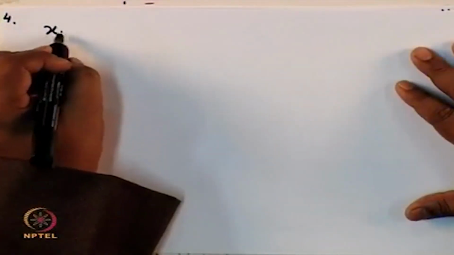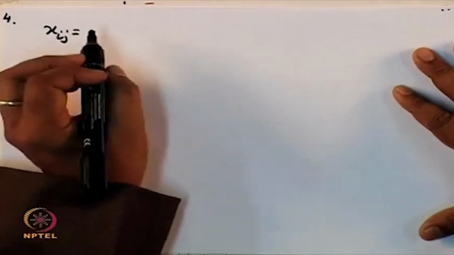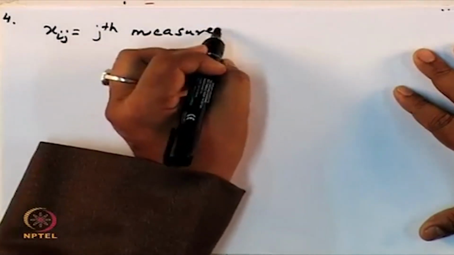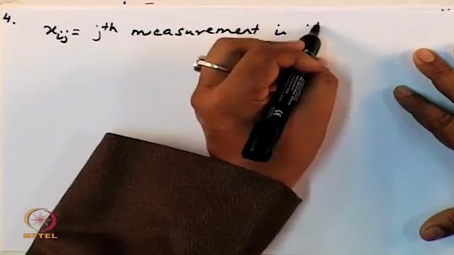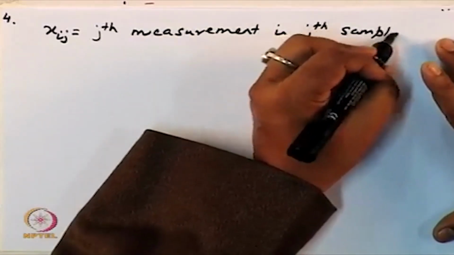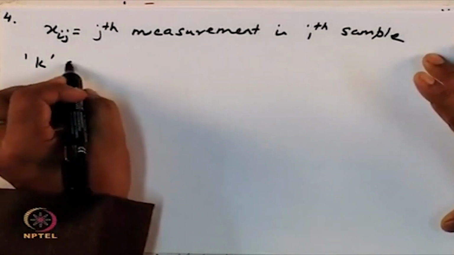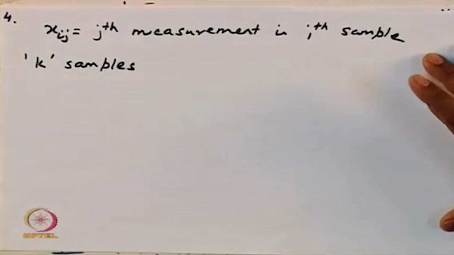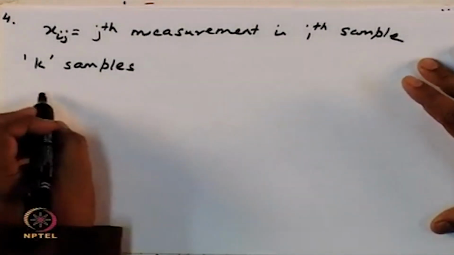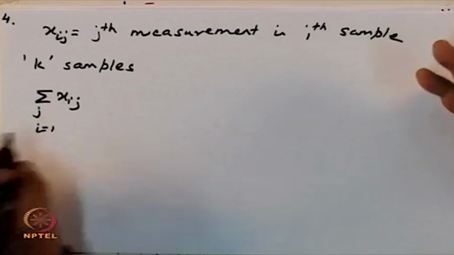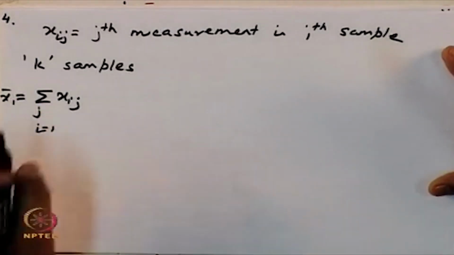So, in ANOVA, let us say Xij corresponds to the jth measurement in the ith sample. In short, you have k samples corresponding to k populations. You can do summation of Xij for all j, given i is equal to 1 or 2. Then you will have the value of x1 bar.